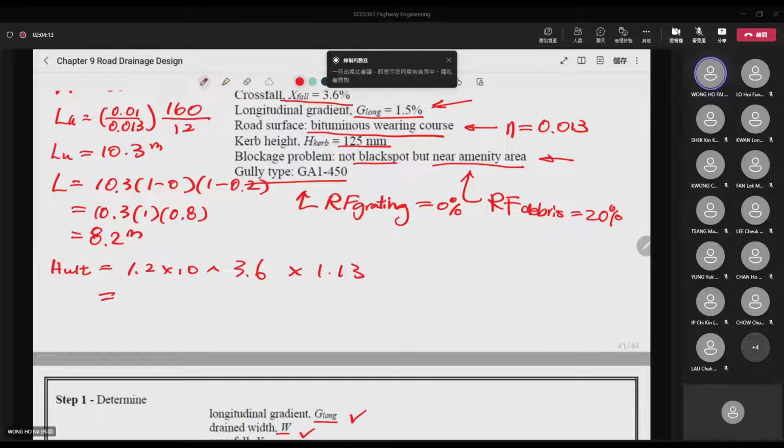So actually this 1.2 times 10 times 3.6 and then times 1.13. Then this is equal to 48.8 mm.